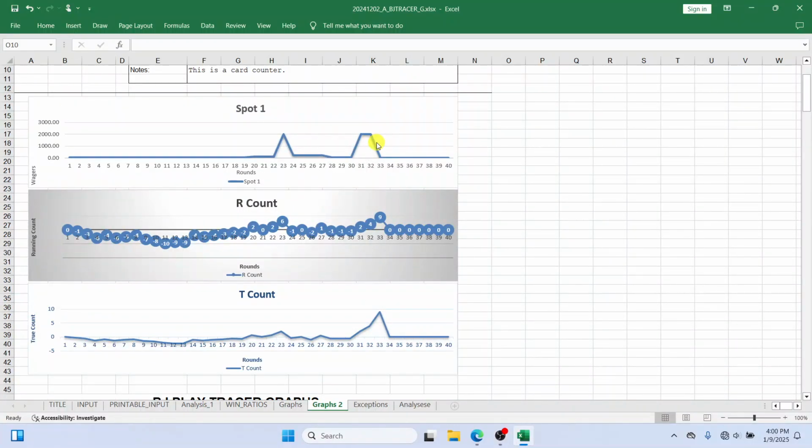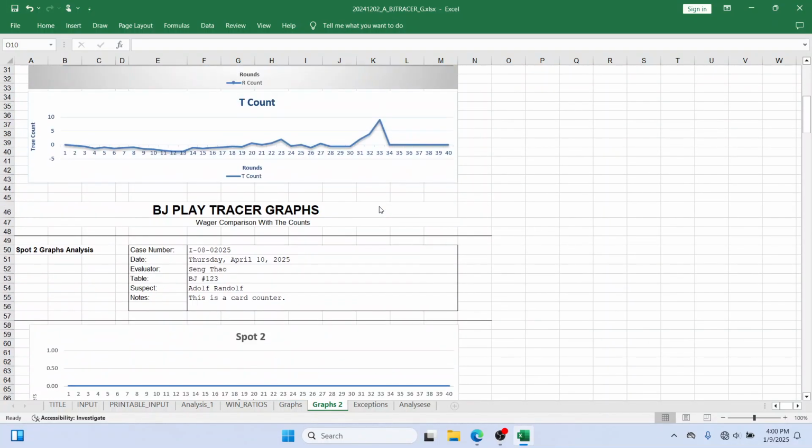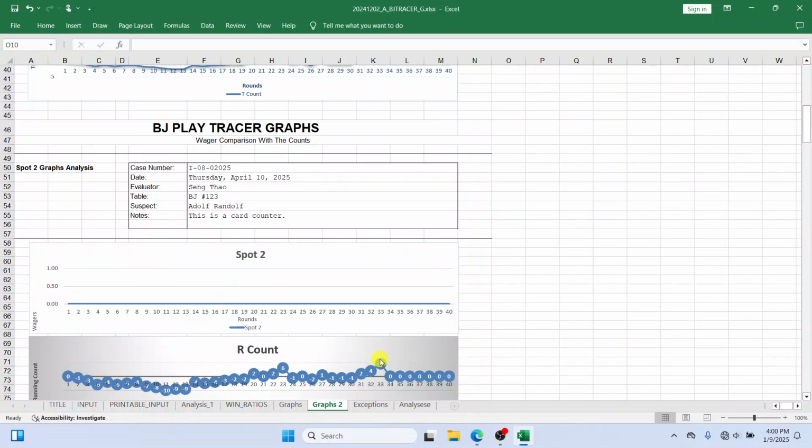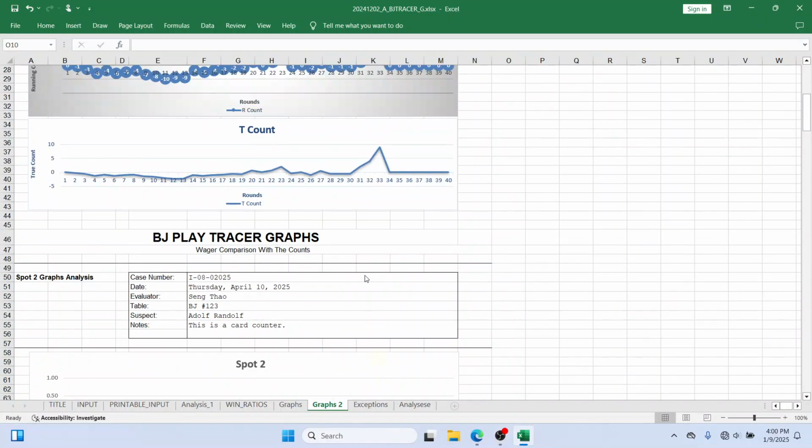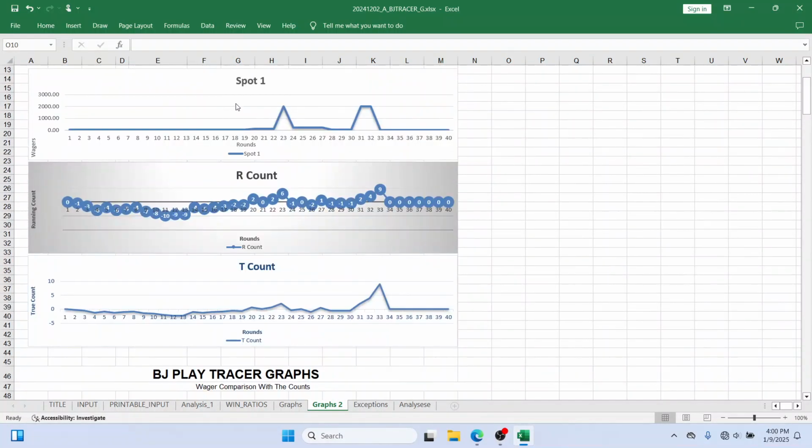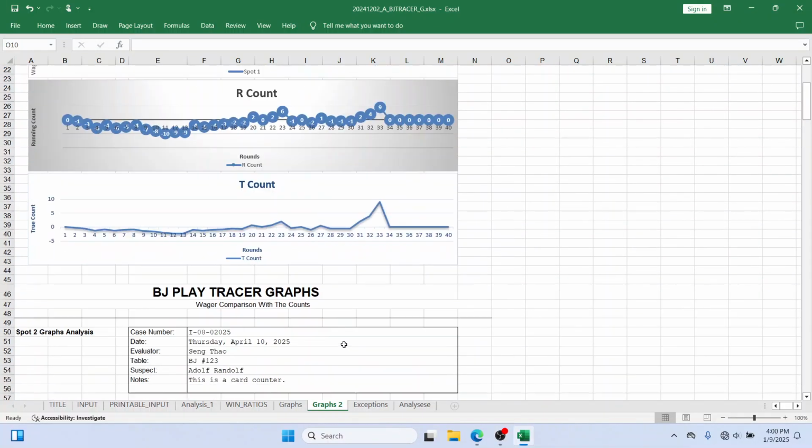On the second high count, spot 1 will decrease their wager while spot 2 will increase theirs. So when the count increased here, this player increased, but when it increased really high, they didn't. Their graph drops and doesn't follow the count.